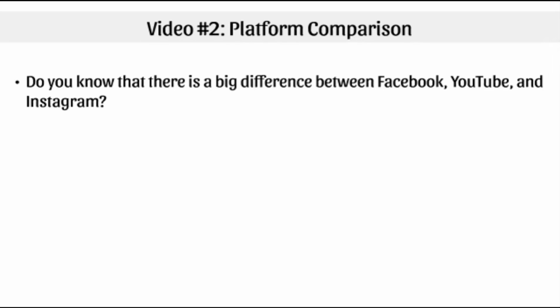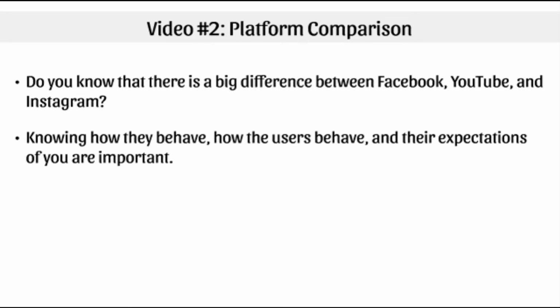So you need to know the differences, and you need to make sure that you're in the right mindset before you actually move in. So did you know that there's a big difference between Facebook, YouTube, and Instagram? Well, let's talk about that. So knowing how they behave, how users behave, how they expect you to behave, and their expectations of you are important.